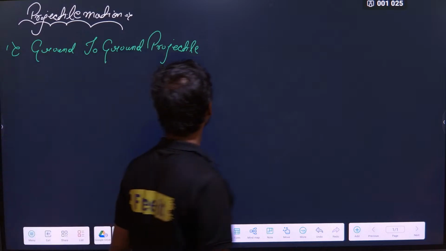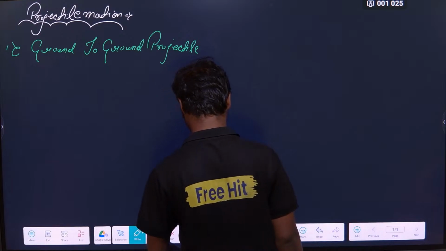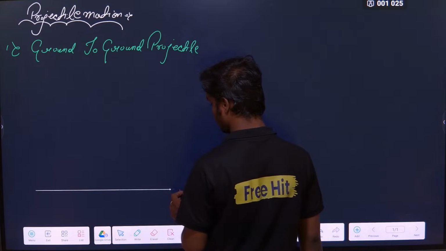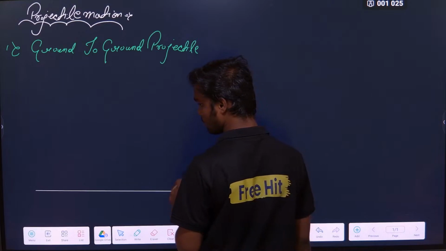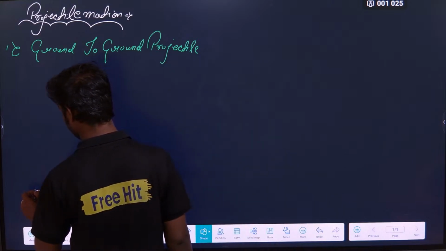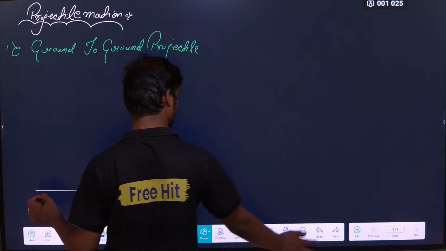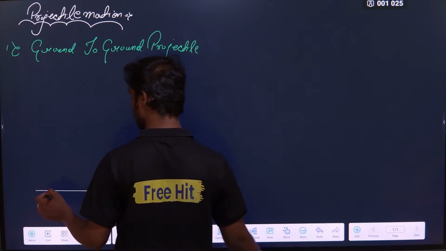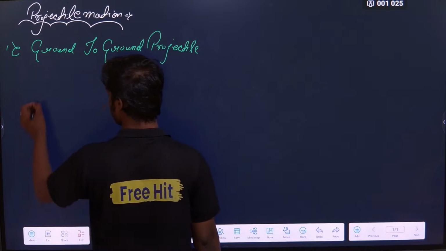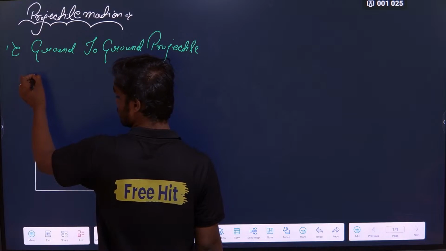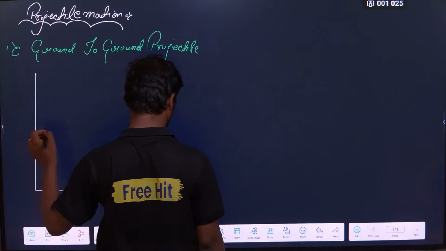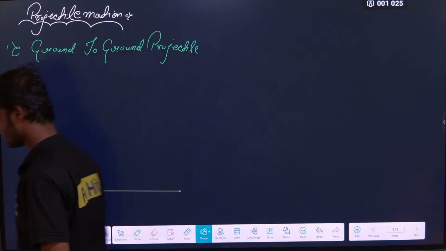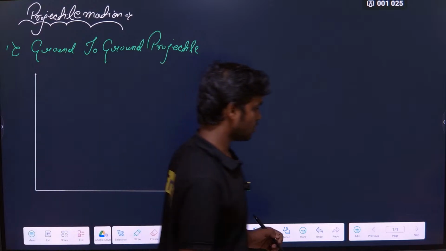Ground to ground projectile, that is the first case. So let us see that.